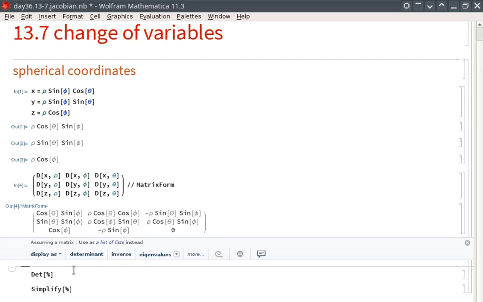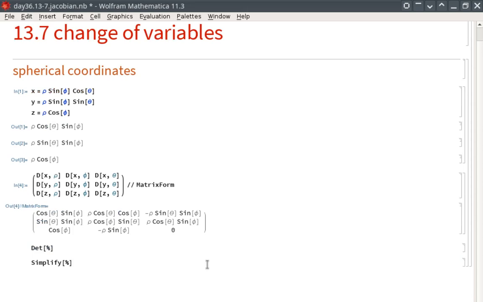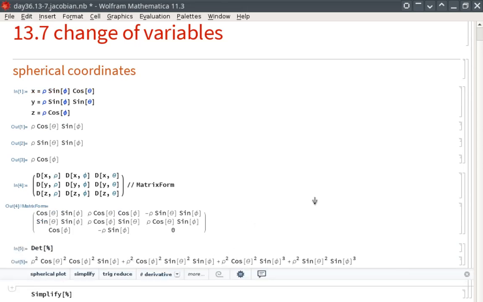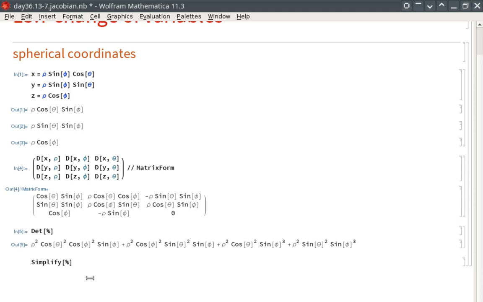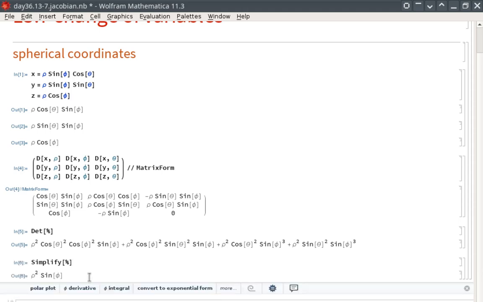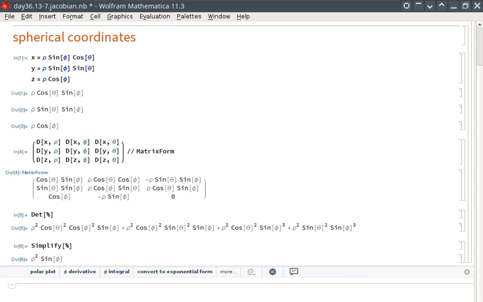And then the Jacobian is the determinant of that matrix, and we get this really long looking thing. But we can simplify it. If we simplify it using sine squared plus cosine squared equals 1, then we get rho squared sine phi, which is the formula that you saw before.